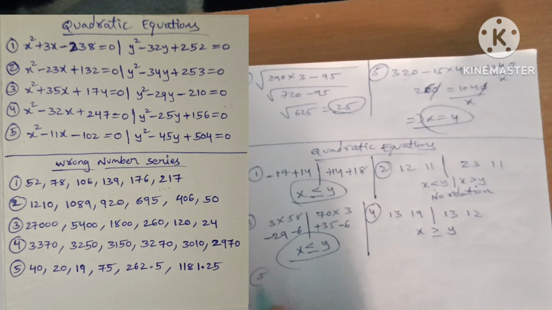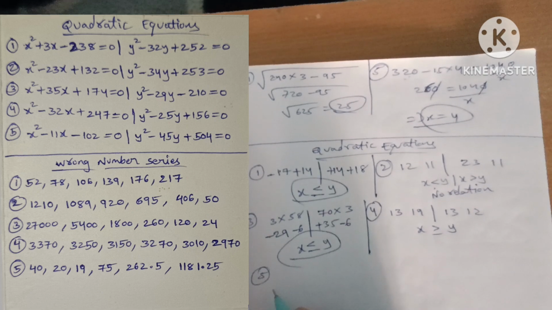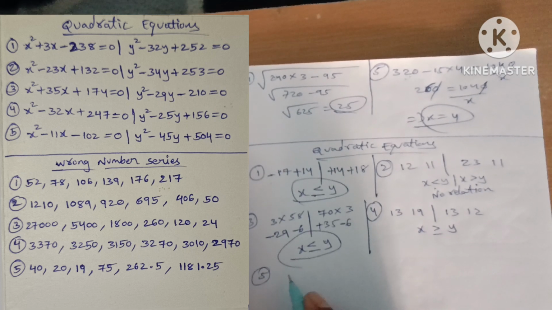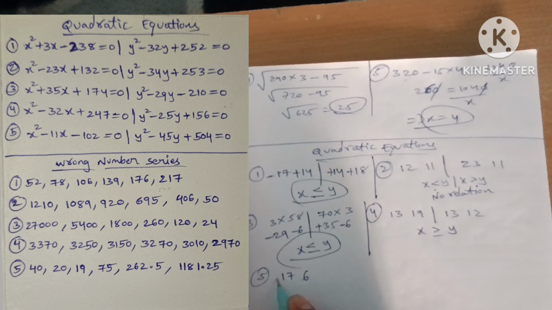Now the fifth question: x square minus 11x minus 102 equals 0. 102 means 17 times 6. The roots are positive and negative.